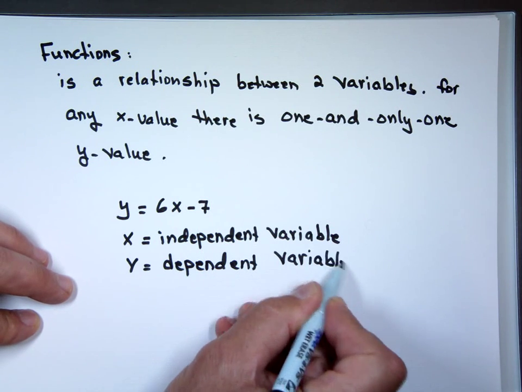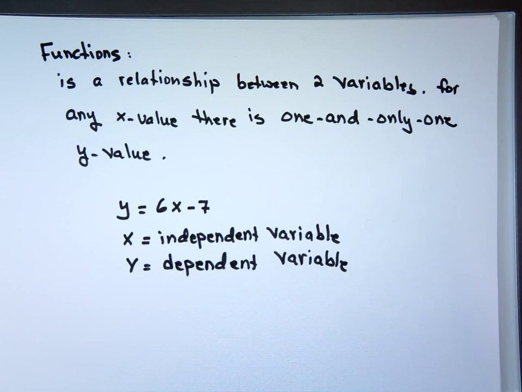The value of y depends on what you give me for a value for x. For every x value, there has to be one and only one y value.